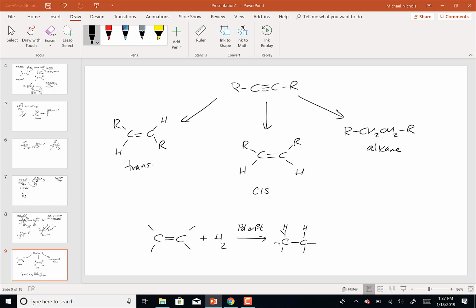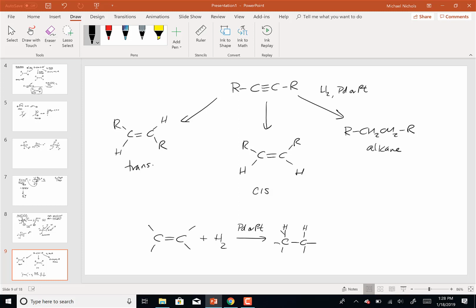So the issue is, okay, how do I do each one of these, in essence, hydrogenations? And then why do we get the product I get? Well, let's kind of think this through. Maybe we can memorize this, or we can just kind of think through. So one of the issues is that if I use hydrogen and palladium or platinum, I'm going to get the alkane.